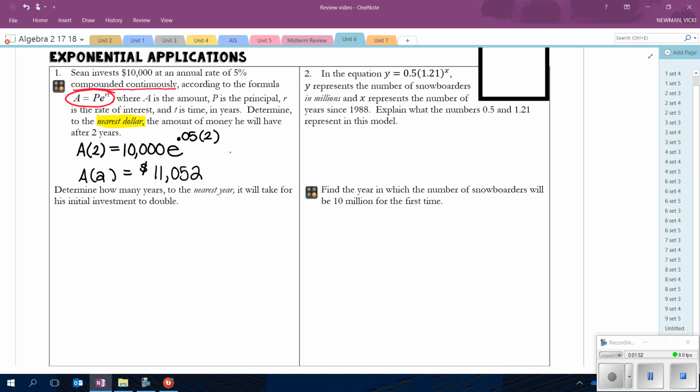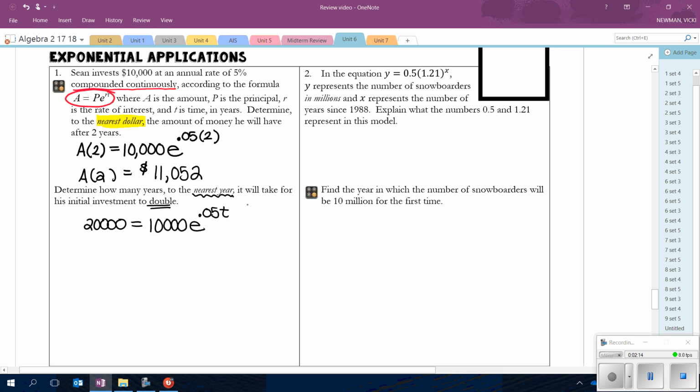Okay. So determine how many years, to the nearest year, it will take for his initial investment to double. All right. So double of 10,000 is 20,000. I know that I insulted your intelligence by saying that. I apologize. 20,000 equals 10,000 e to the 0.05t. So we want to solve this.